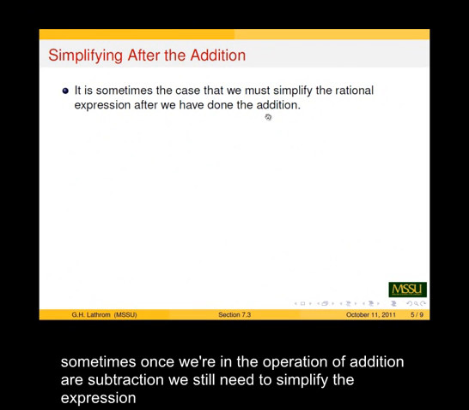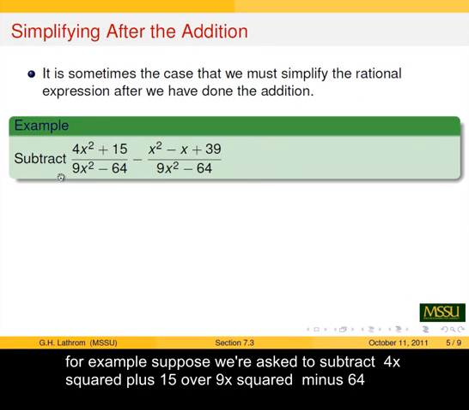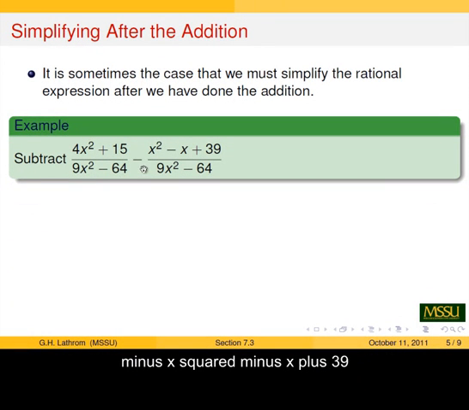Sometimes, once we have done the operation of addition or subtraction, we still need to simplify the expression. For example, suppose we are asked to subtract 4x squared plus 15 over 9x squared minus 64 minus x squared minus x plus 39 over 9x squared minus 64.